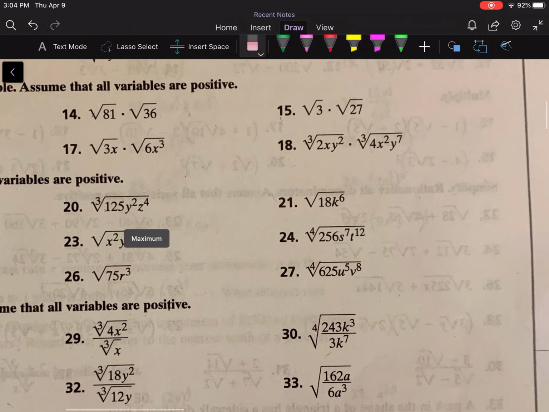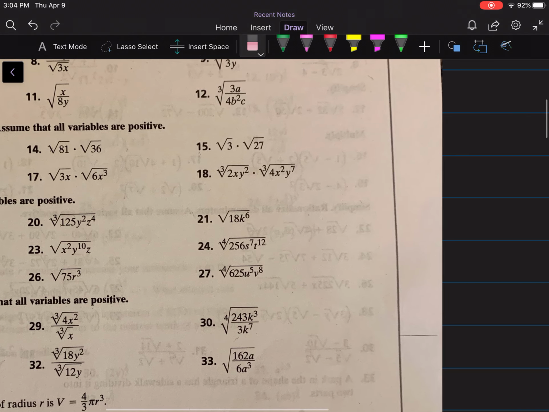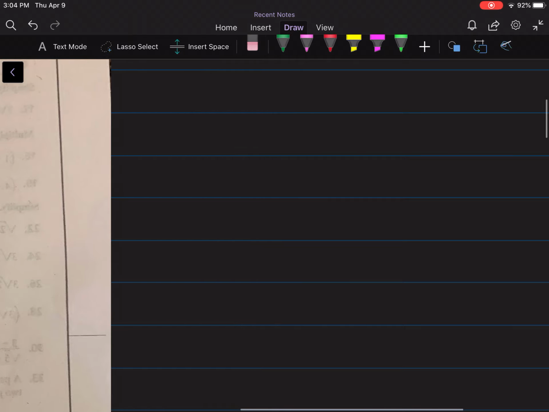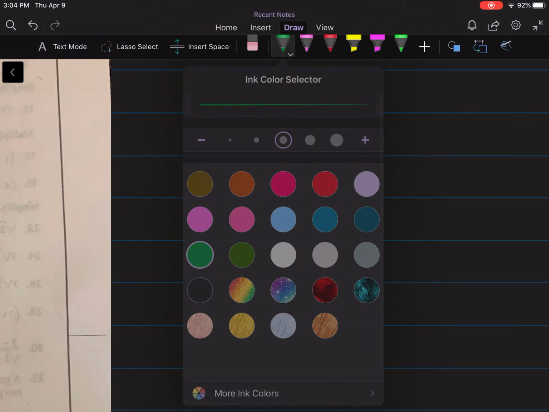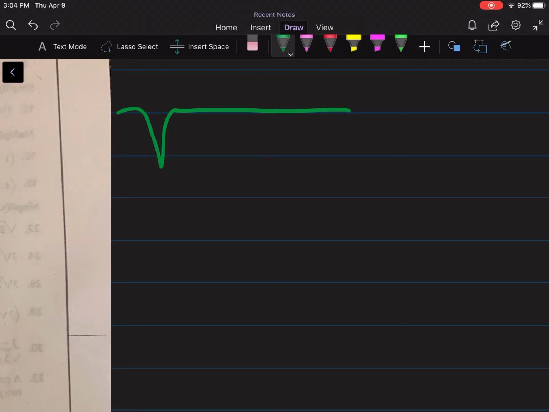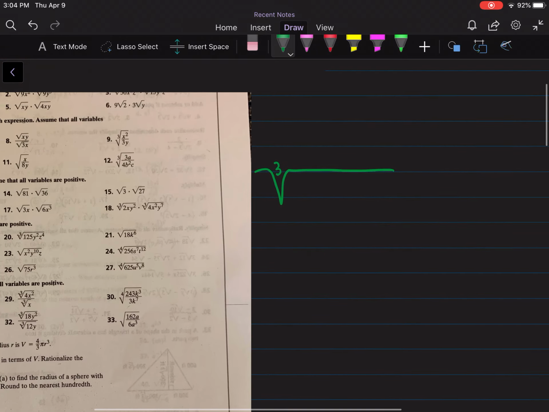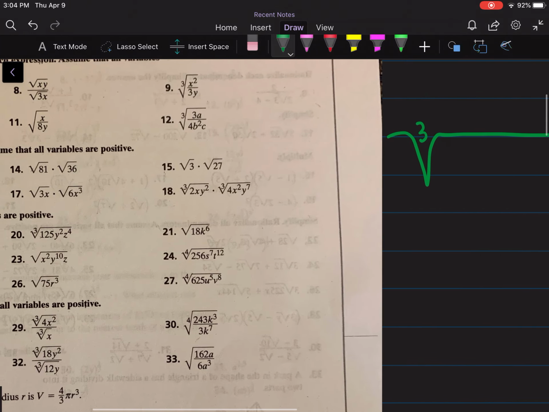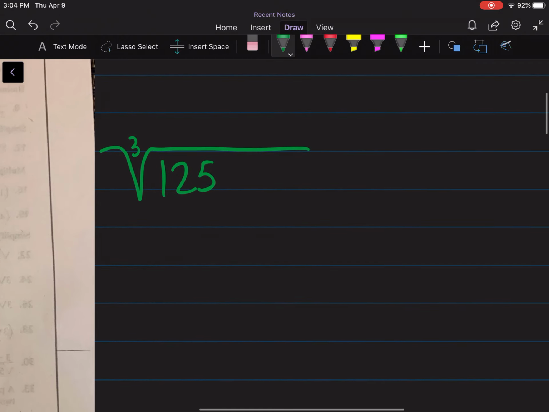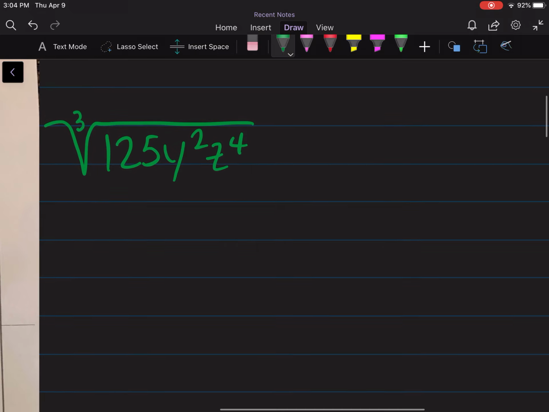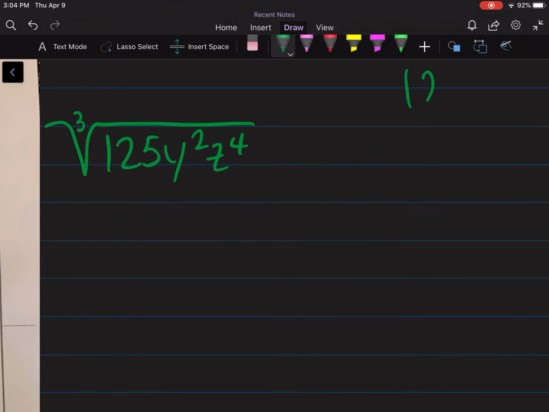Let's look at 20. It says cube root of 125, y squared, z to the fourth. Okay, I'm going to break these up. So I'm going to do 125 divided by 25 in my calculator.